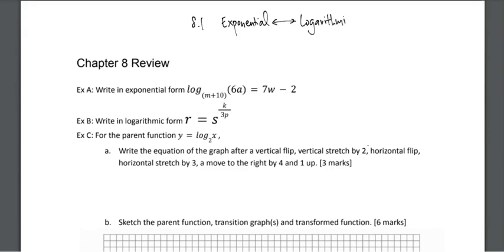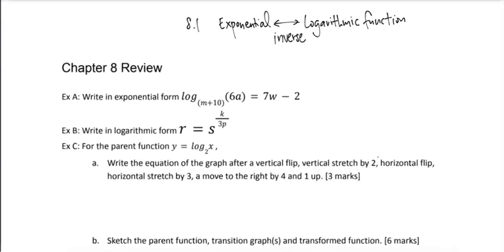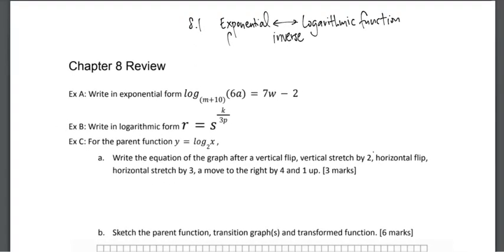So these are inverses of each other. And in 8.1 we learned how to switch from exponential form to logarithmic form and vice versa. We also learned about the graphs, what the graphs look like.